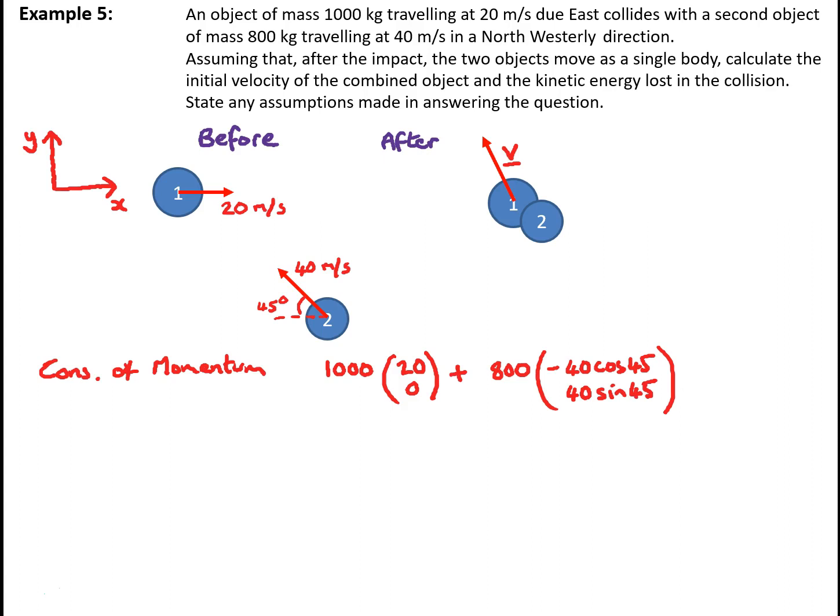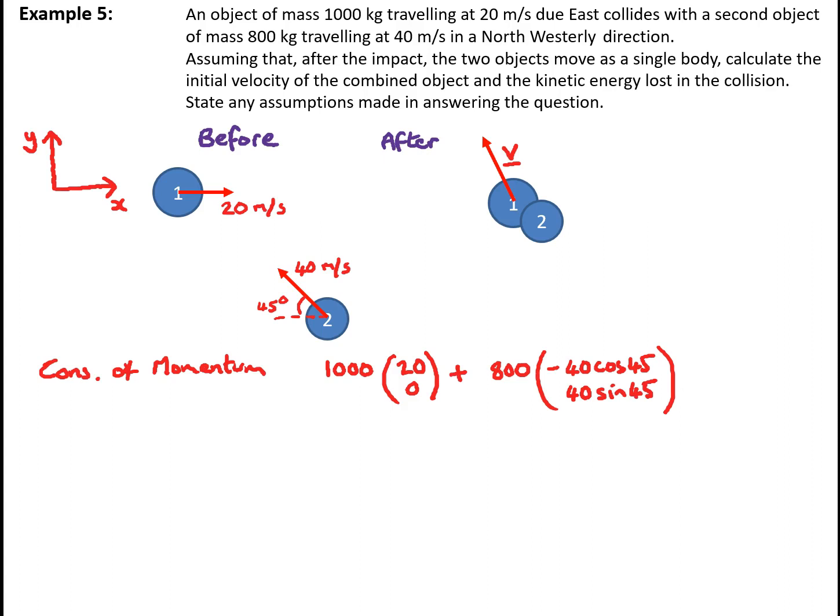Now the velocity of the second particle is 40 meters per second at an angle of 45 degrees to the negative x direction, which means that the initial velocity of the second particle is minus 40 cos 45 in the x direction and 40 sine 45 in the y direction.